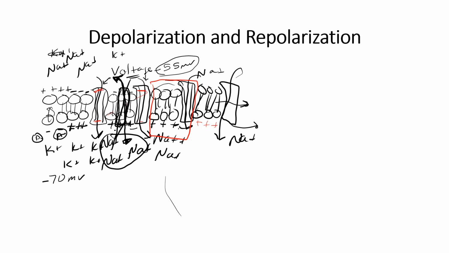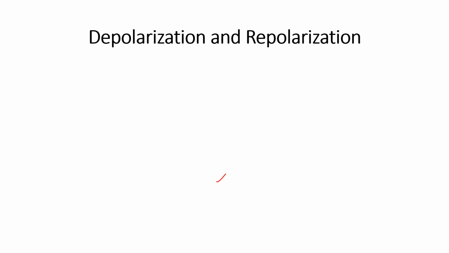These channels that were opened due to the voltage being a particular voltage will close, and the sodium potassium pump and other channels will come into play in order to bring the cell membrane back to that negative 70 millivolts. So that's kind of how that goes.